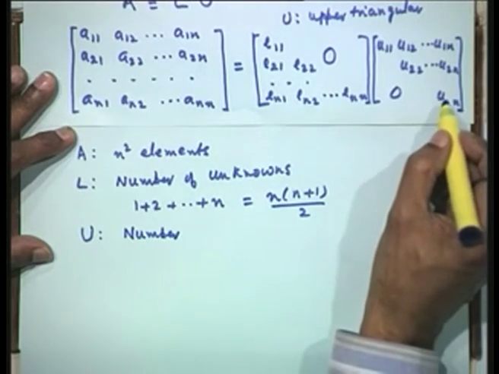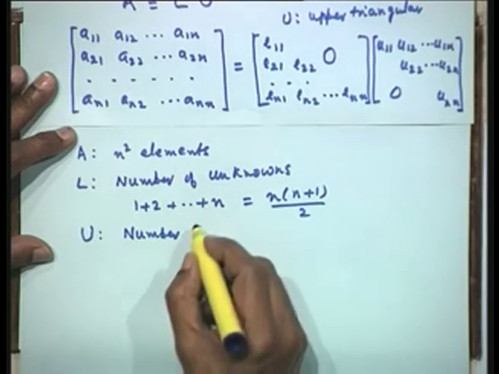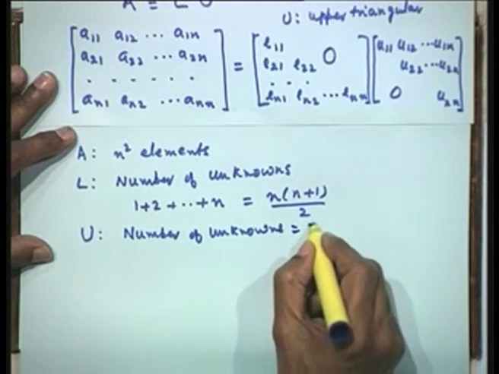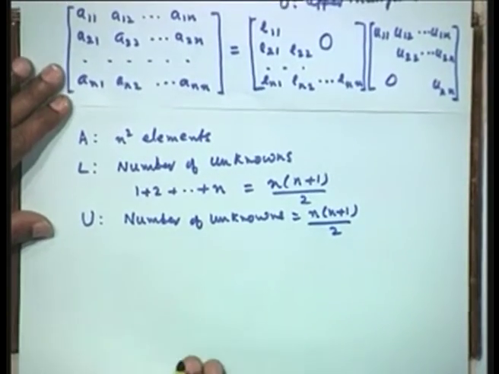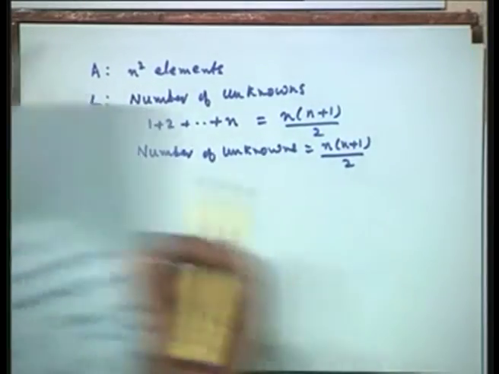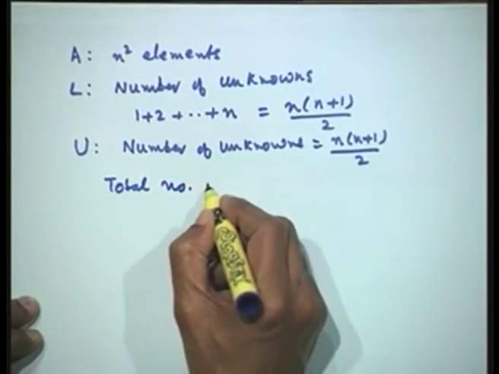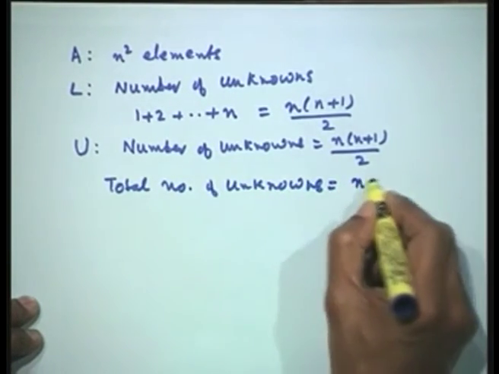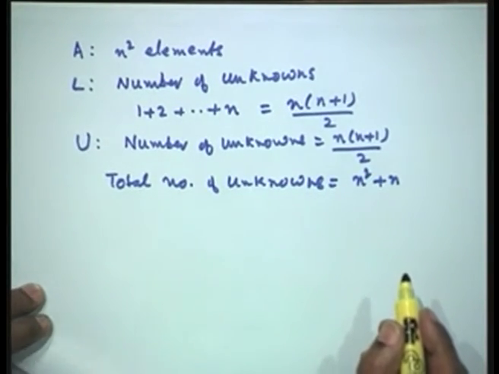I can count from backwards: 1 in the last row, 2 in the second last, and n in the first row. So, the number of unknowns is again n into n plus 1 by 2. Therefore, the total number of unknowns is n into n plus 1, that is n squared plus n.